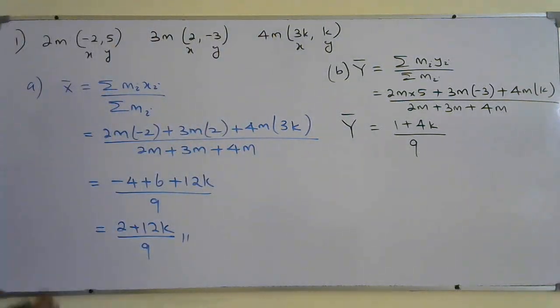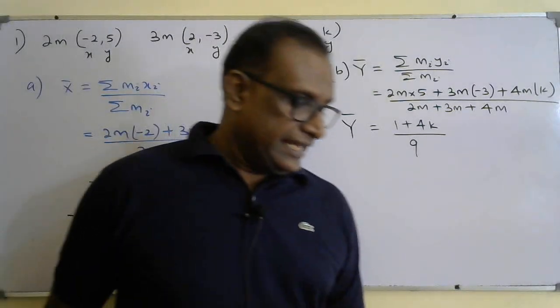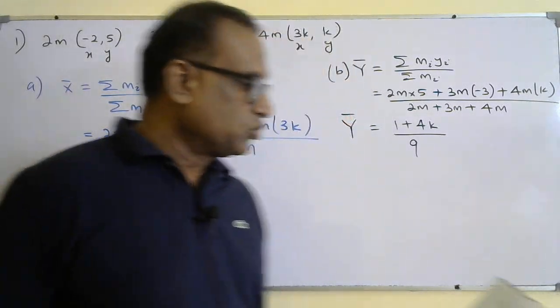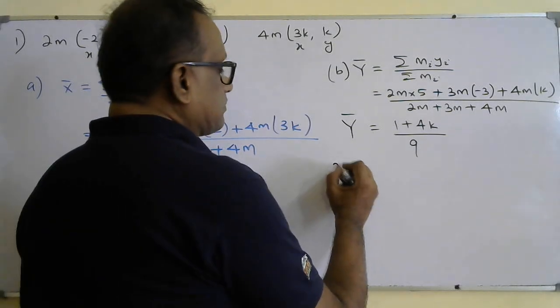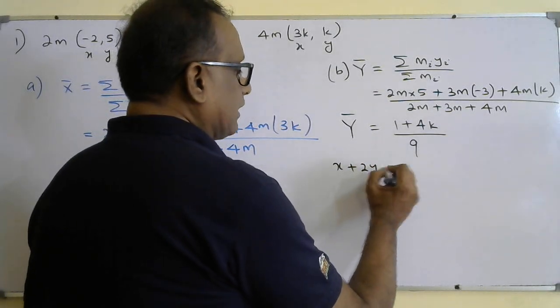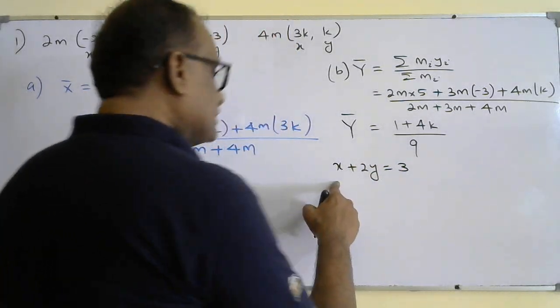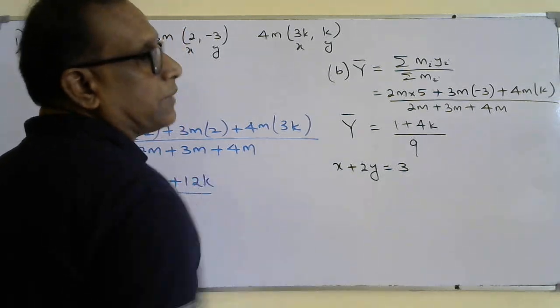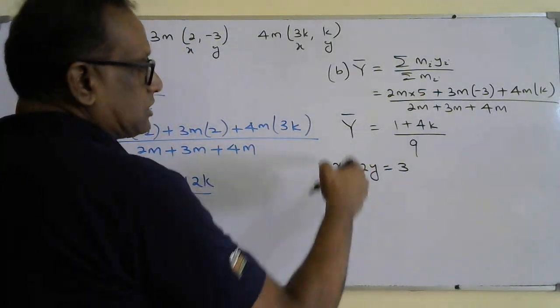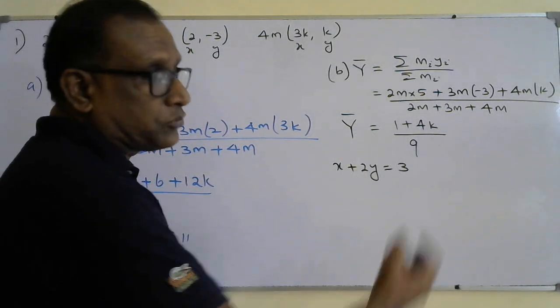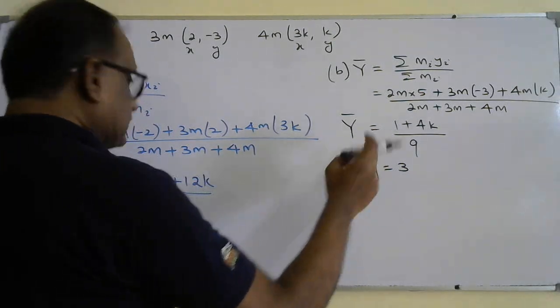The x coordinate of the center of mass is this one. Now these 2 should satisfy the given equation x plus 2y equal to 3. So x bar plus 2y bar must be equal to 3, because this point is falling on this line, which means these 2 coordinates should satisfy it.